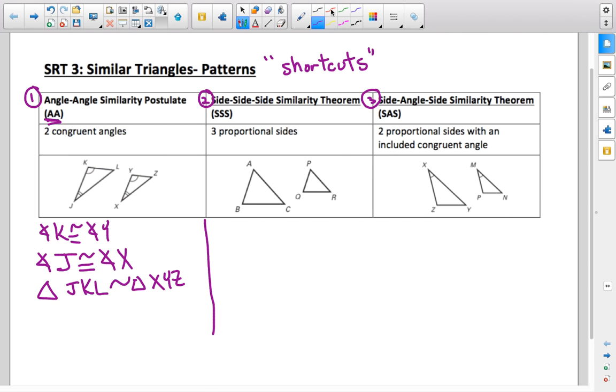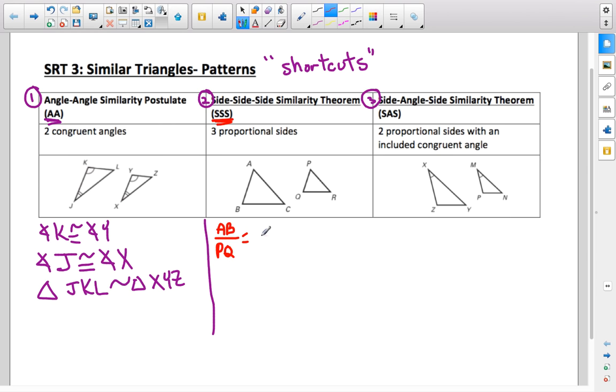Now the second shortcut, I'll change colors here, is called SSS. So we just refer to it as side, side, side. Now obviously this triangle is not the same size as this one, but what it says is that if we have, for example, side AB, and that corresponds to side PQ, sorry.